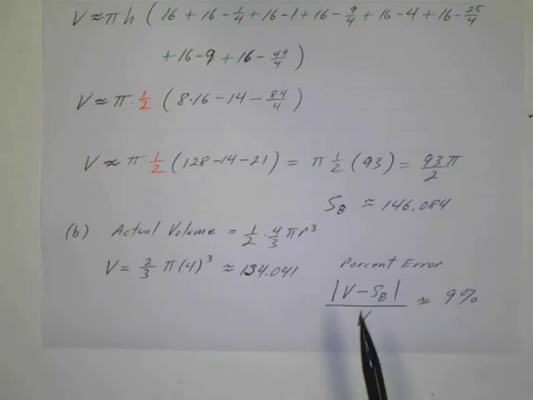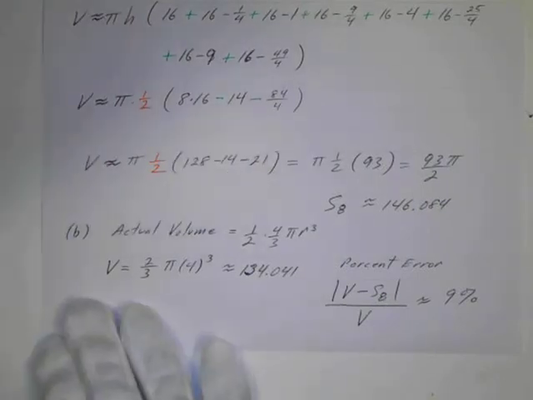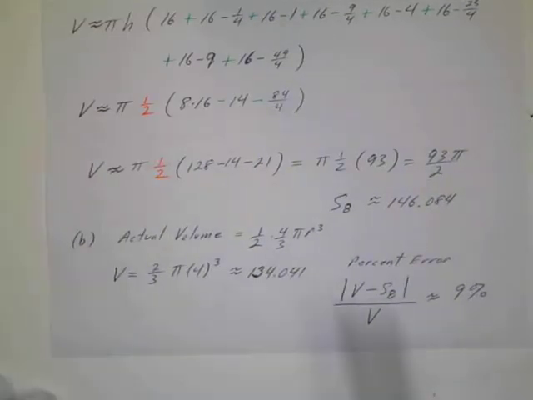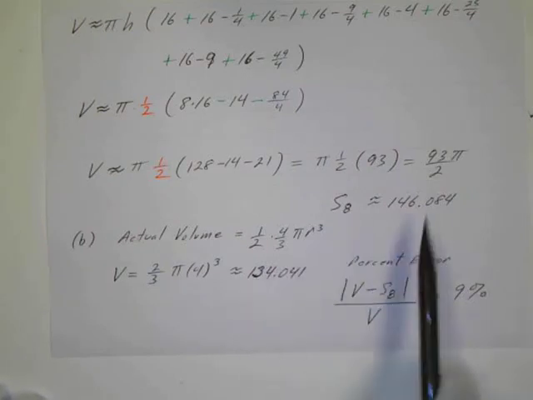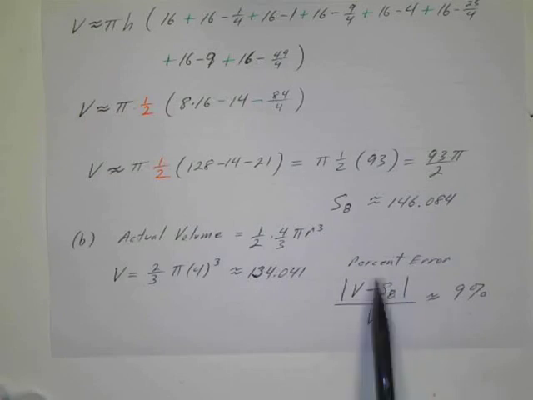The percent error will actually be the error over the actual volume. That's why they want you to find the percent error of the volume. So if you put this in your calculator, the absolute value of V minus S sub 8, take the absolute value of that and divide that by V, you end up with about 9%. Rounds off to be 9%. Okay? So I hope that one helps.